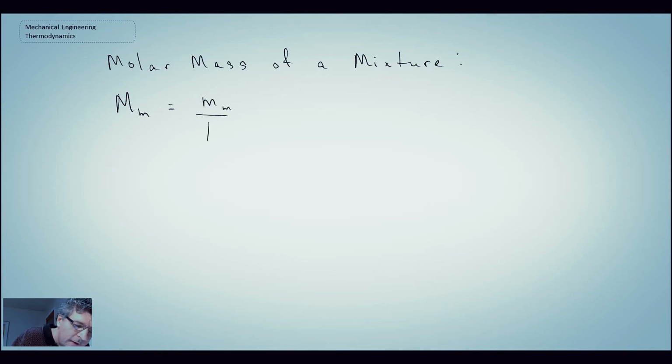So given our definition of molar mass, it's the mass of the mixture divided by the number of moles in the mixture. We can substitute the mass as the summation of the mass of each individual component in the mixture, again divided by the total number of moles in the mixture.